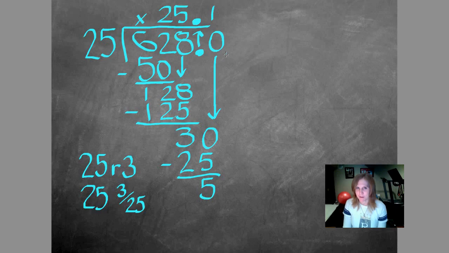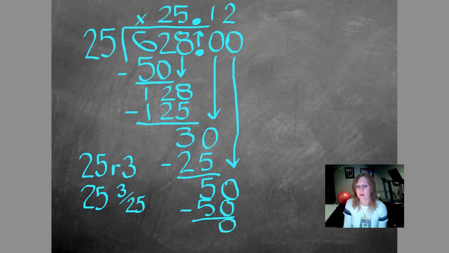So I'm going to build another room, or as we say in math language, I'm going to annex another 0. And I'm going to bring it all the way down to that 5. I now have 50 down here. So 25 goes into 50 2 times. 2 times 25 is 50, and 50 minus 50 is 0.